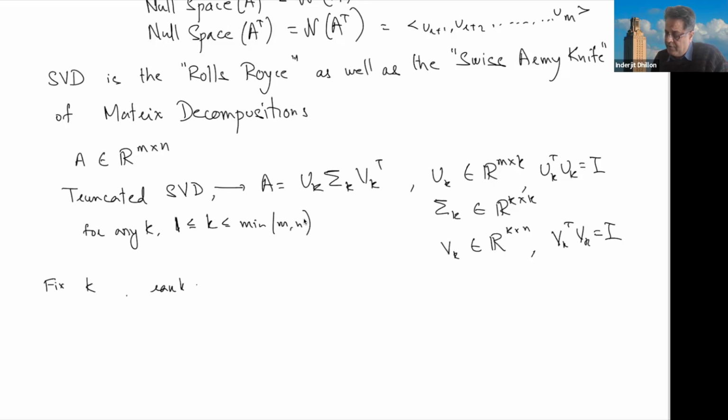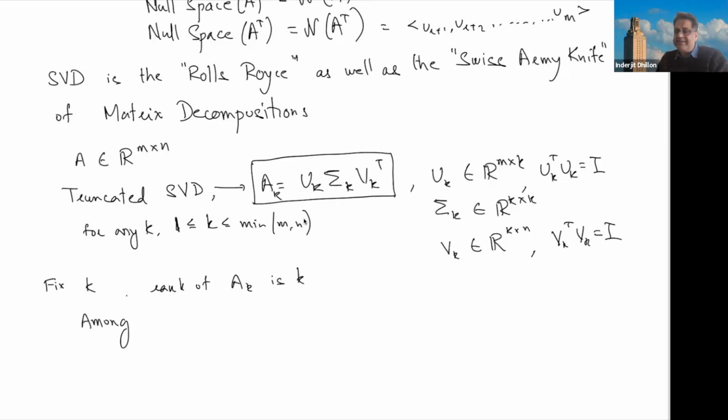Rank of AK is K. And the SVD has the property, and remember, AK is this matrix. So AK is clearly of rank K. It's an M by N matrix. But it's this special matrix, which is UK sigma K VK transpose.